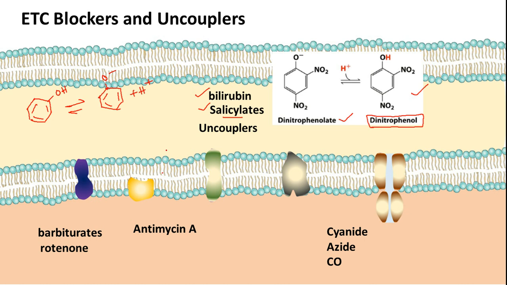They can cross the mitochondrial membrane and transport. In the intermembrane space, you will have very low pH, a highly acidic pH. Here these phenolic compounds will remain in the unionized phenolic form, so they will cross the membrane and come to the next side where relatively higher pH is available.